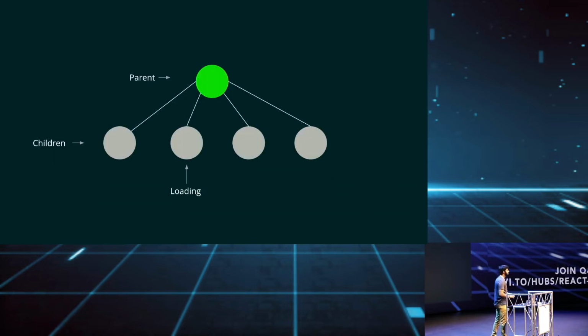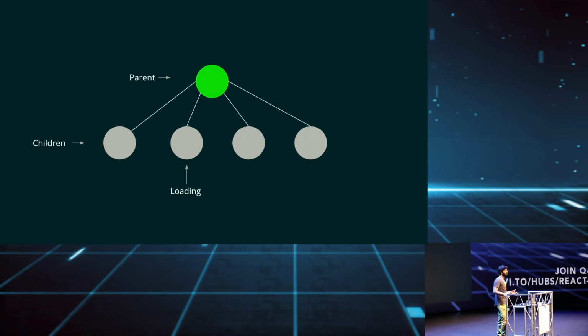Now let's see how we code right now. Imagine this is our React component tree. We have a parent, and let's say this parent is making some API calls. Since it has not finished its work, it is not going to start rendering its children. Obviously you are rendering a loader in this state, saying, hey, loading something, but your children are not loaded.